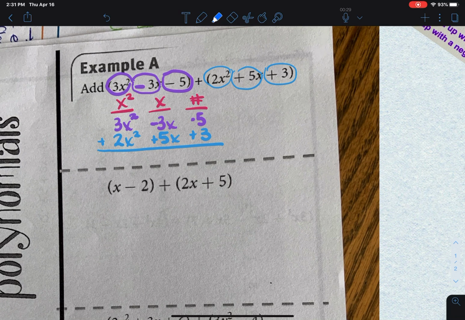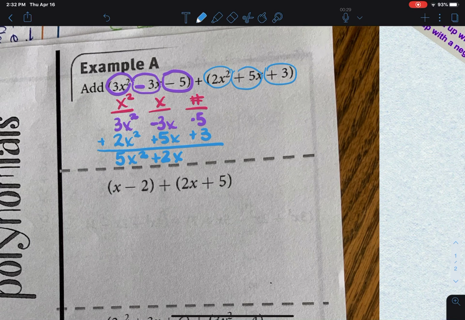In this column, if I add those all up, that would be 5x squared. Basically what I'm doing is putting these pieces together in front. Now I've got to put those 2 together. Negative 3 plus 5 is positive 2, so I'm going to write plus 2x.